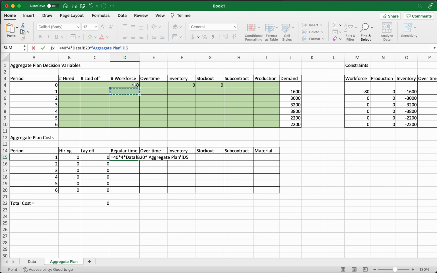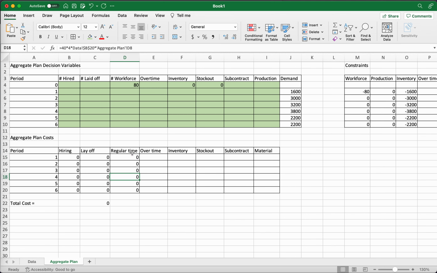We are not going to cost the previous month. This is month 0, so this is December. We are not going to cost that. So this is $160 times 4, that is $640 in total times the number of people you have hired to work. I am going to make this $B$20 because that's the $4 per hour thing, and I'm going to copy this down again.